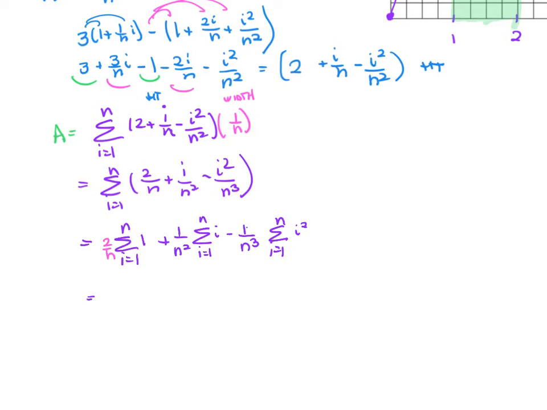Now we're going to go ahead and substitute. So this becomes 2 over n, and then, so this is a constant, so 1 times n is just n, plus 1 over n squared, and this is the sum of i to n, which is n times n plus 1 all over 2.